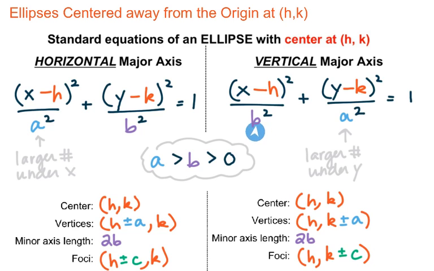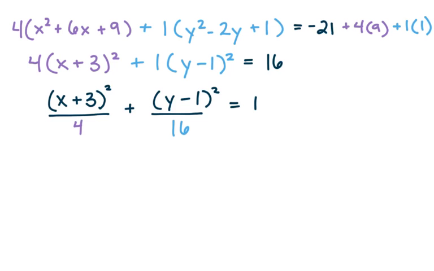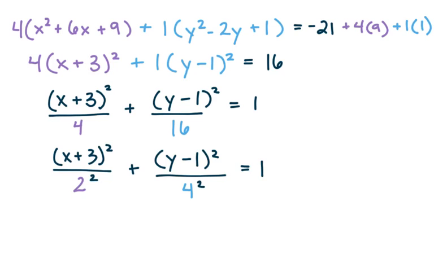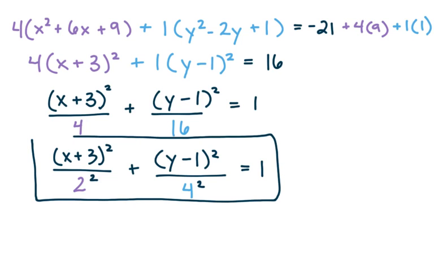And you can see that right here. So I like to just go one extra step and always write those as a value squared instead. And so now I have my vertical ellipse in standard form. So this is a vertical oriented ellipse, that's my orientation is vertical.